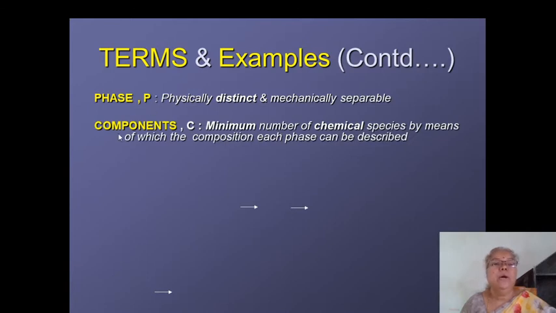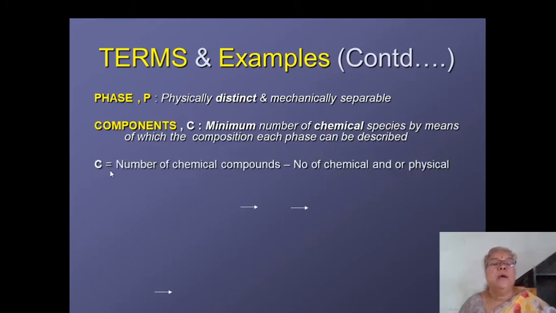Then another word is components. Here phase is denoted by letter P, component is denoted by letter C, and component means the minimum number of chemical species by means of which the composition of each phase can be described.